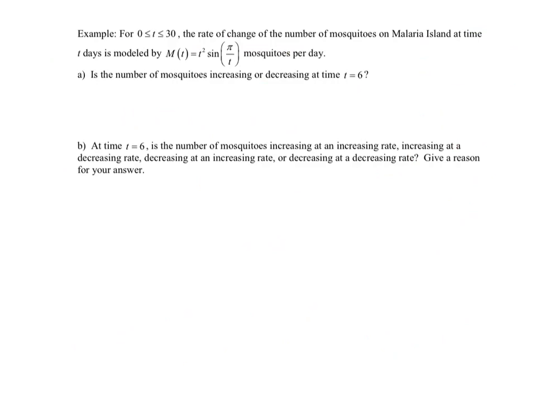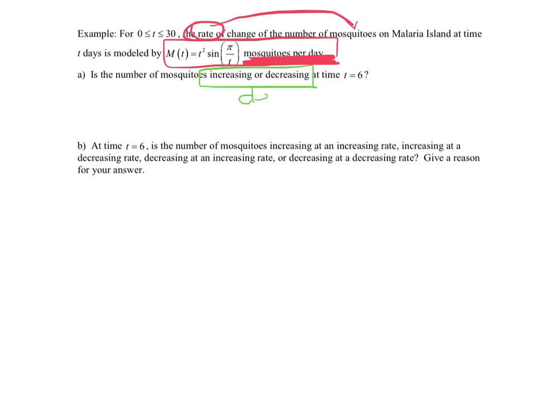Alright, so really dive into and understand what M of t is. M of t is measured in mosquitoes per day, and this represents the rate of change of mosquitoes. So is the number of mosquitoes increasing or decreasing? Increasing, decreasing is telling me to take the derivative, and who do you want the derivative of?